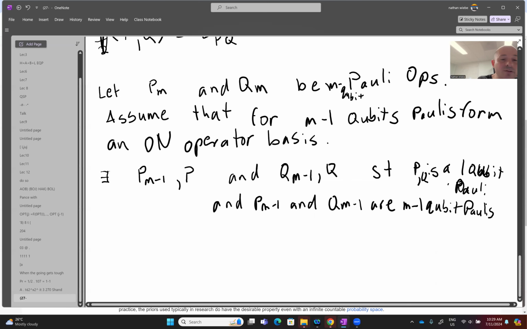All right, great. So now let's evaluate what the Hilbert-Schmidt inner product is between P_M and Q_M. If we have this, then this is just going to be 1 over the dimension of the Hilbert space, which is 2 to the M here. And I mean the Hilbert space that they're acting on.